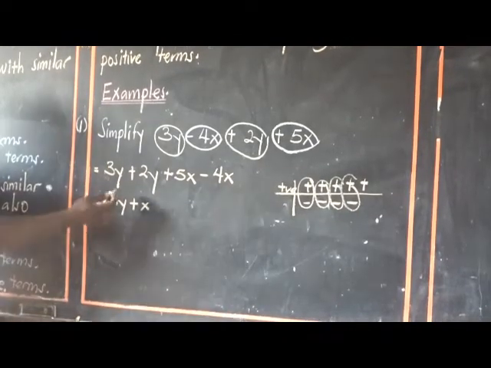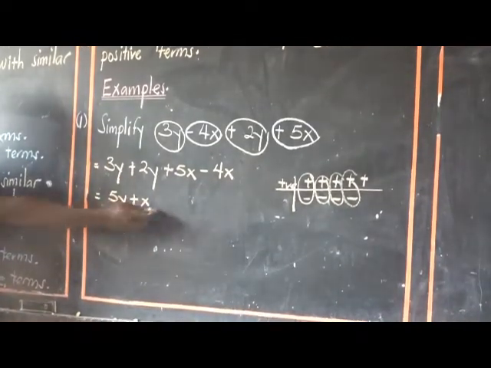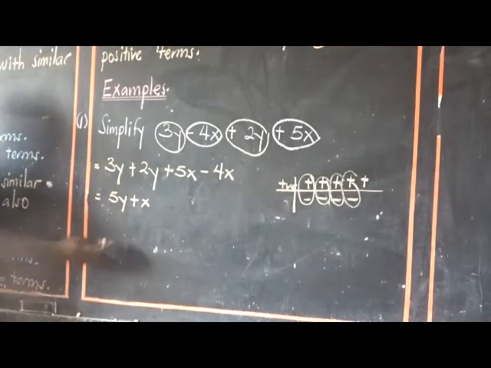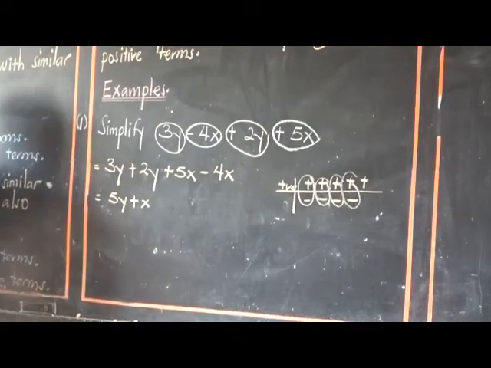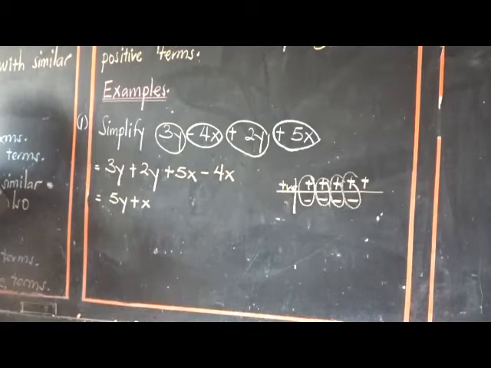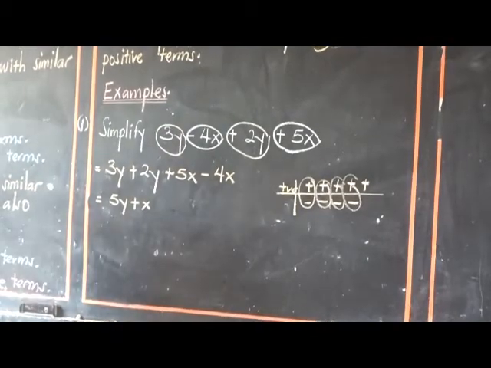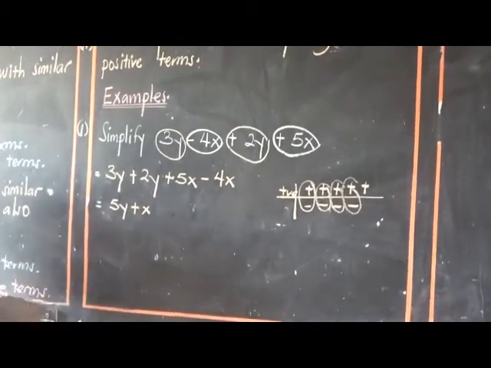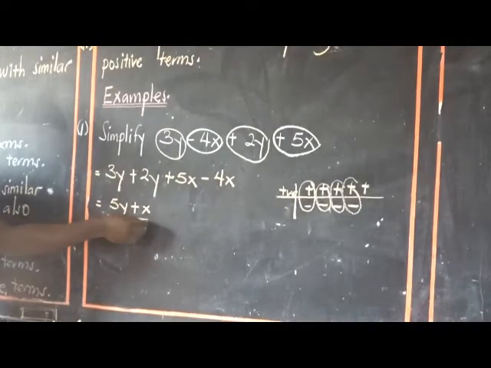So in brief, this is 5y plus x. Now let's look at these terms. This one is y, this is x, and these are unlike terms. Automatically, because the variables are different, these are unlike terms. And because they are unlike terms, they are incompatible. In other words, you cannot add them together. This will be our final result.